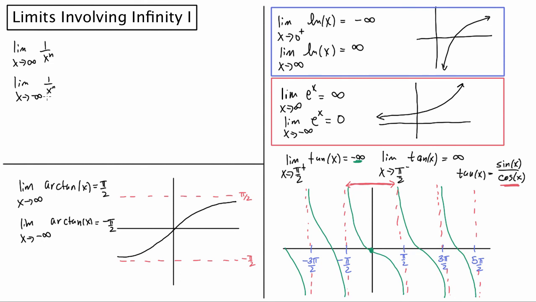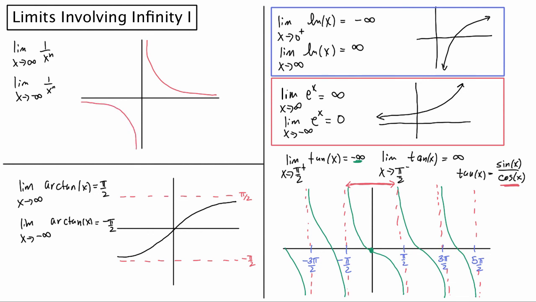Now, this particular function looks like the following. So it's a reciprocal. 1 over x to the n would be like this over here, and then like this over here.